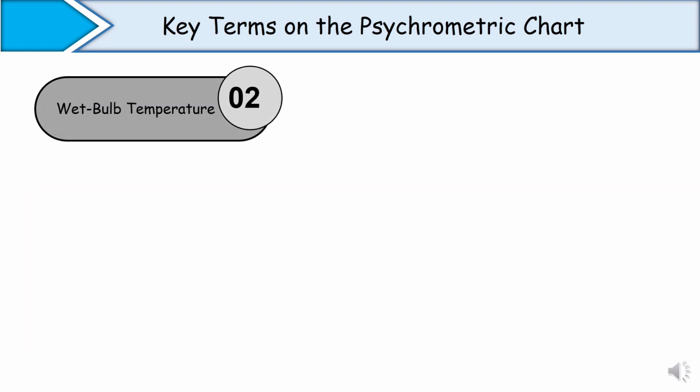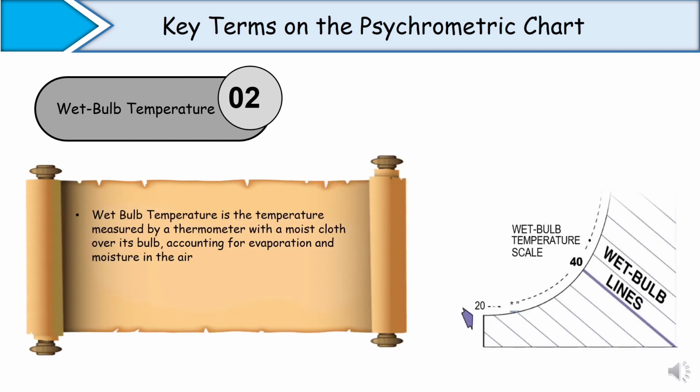Now the second term is the wet bulb temperature. What is this? Wet bulb temperature is the temperature measured by a thermometer with a moist cloth over its bulb, accounting for evaporation and moisture in the air. The main importance of wet bulb temperature is what?